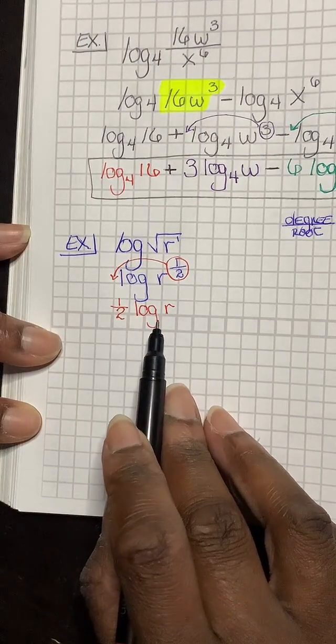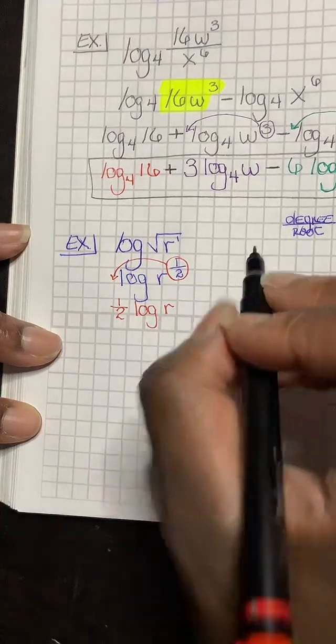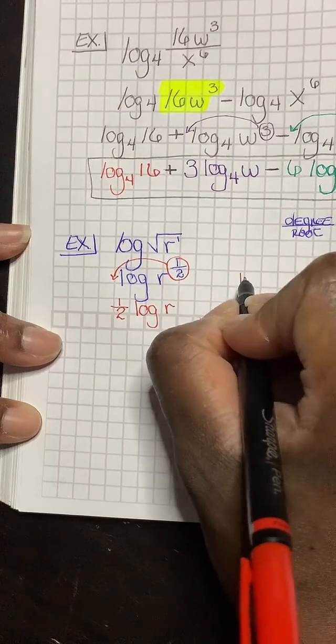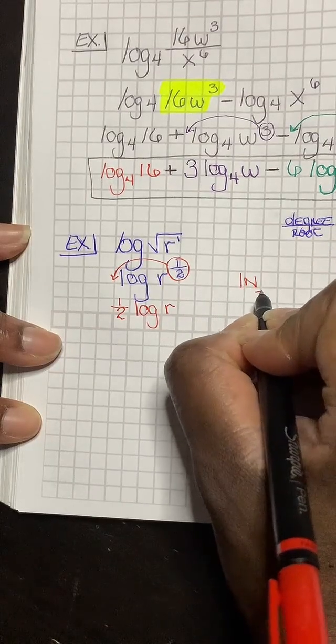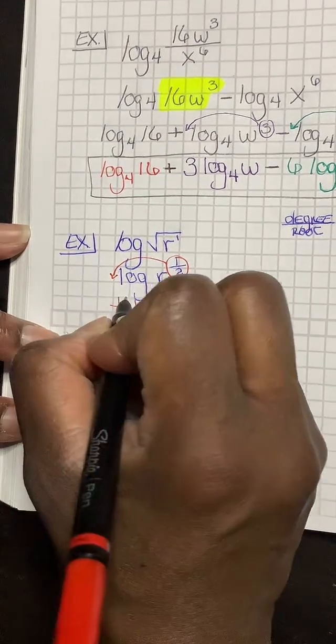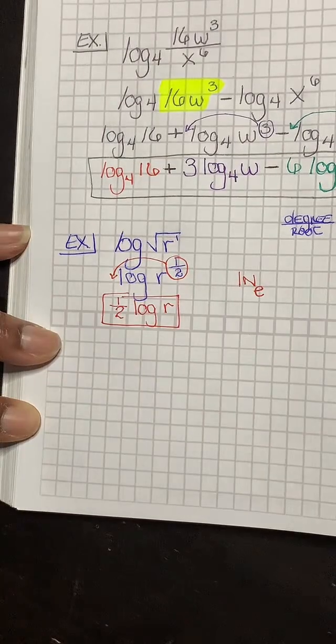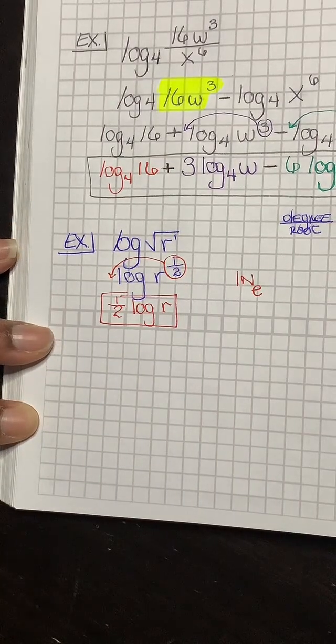The base of a common log is 10. The base of a natural log, which is our ln, is e. Okay, so this is done.